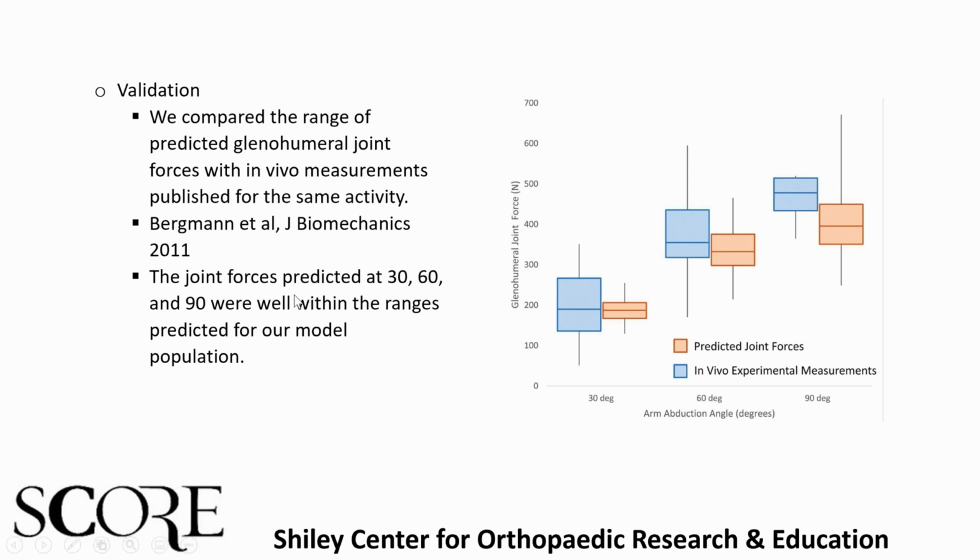And the joint forces predicted at 30, 60, and 90 were all within the ranges that Bergmann measured. So you can see in red our predicted joint forces juxtaposed with the data from Bergmann.